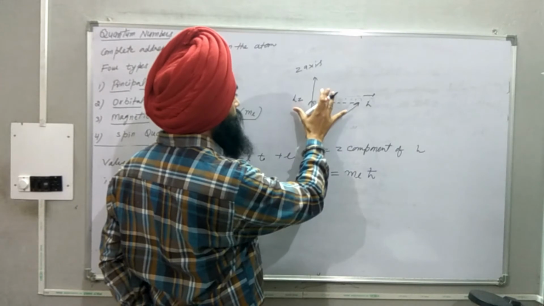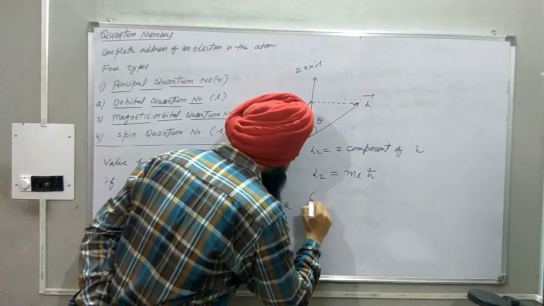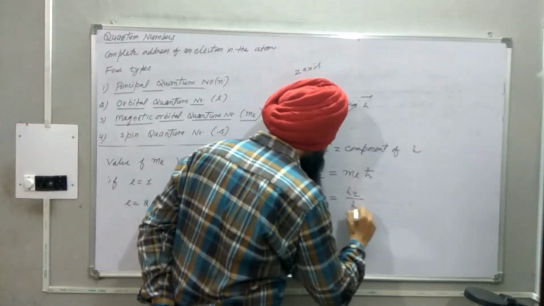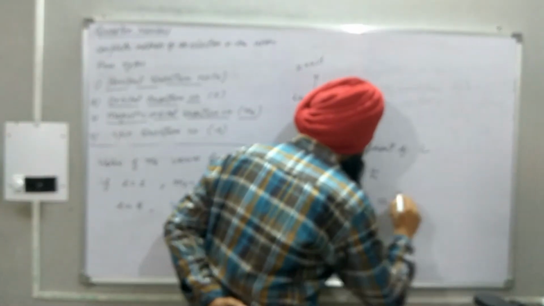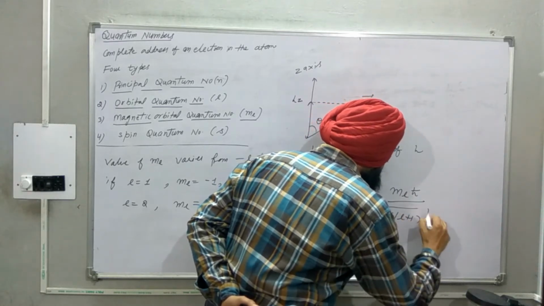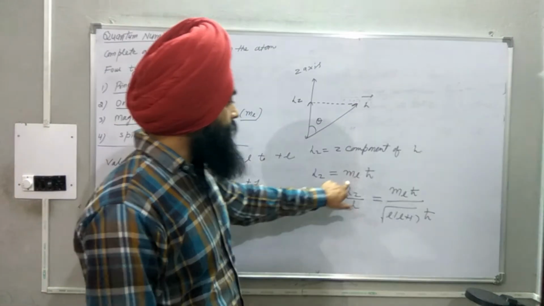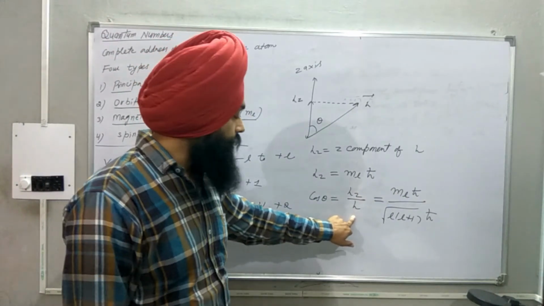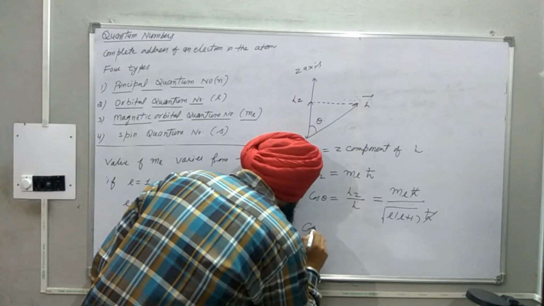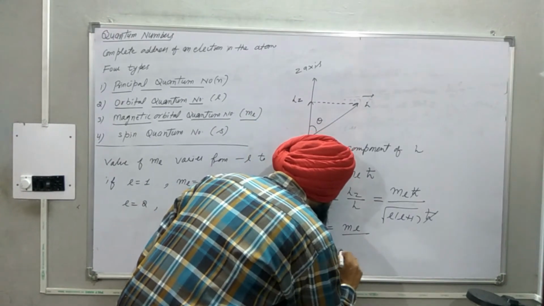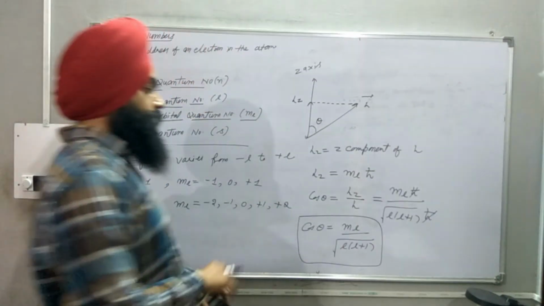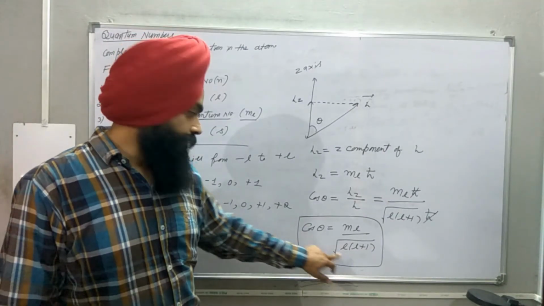So according to this diagram, we have cos theta is equal to Lz upon L. If I put the magnitude of Lz, which is equal to ml h cut, and the magnitude of L, which is equal to square root of L into L plus 1 into h cut, the orientation of L can be found from this formula.